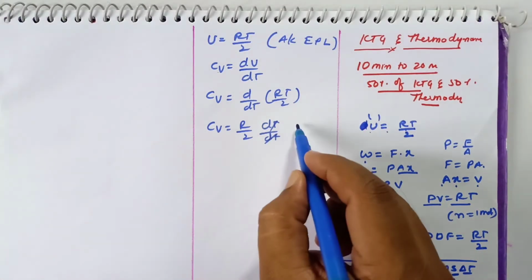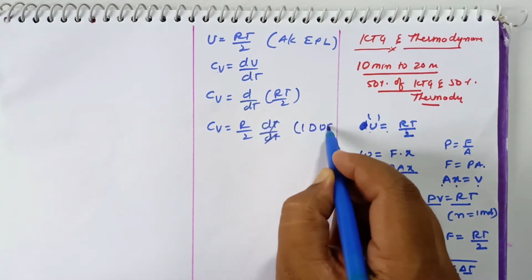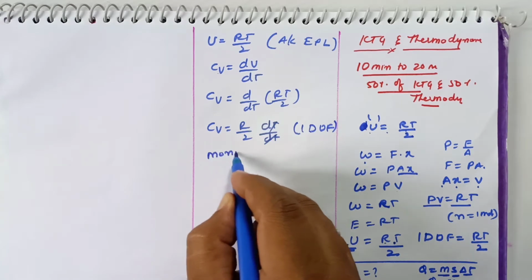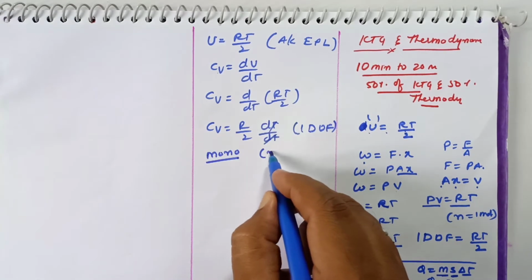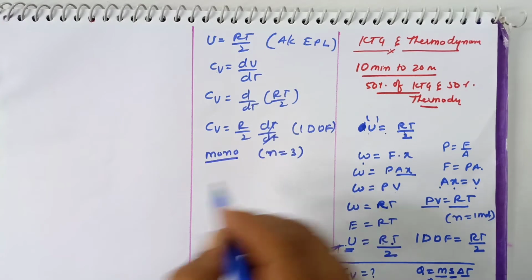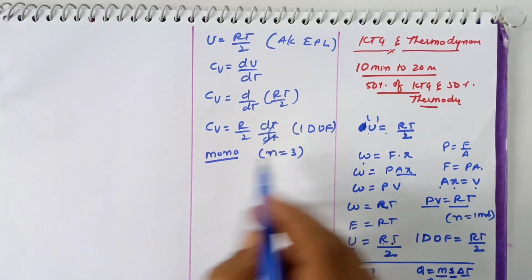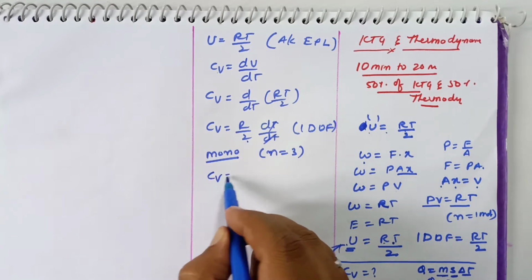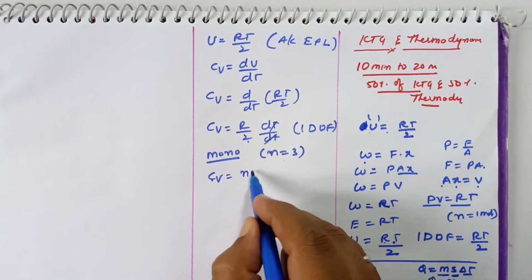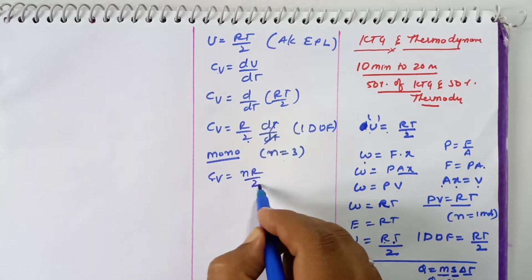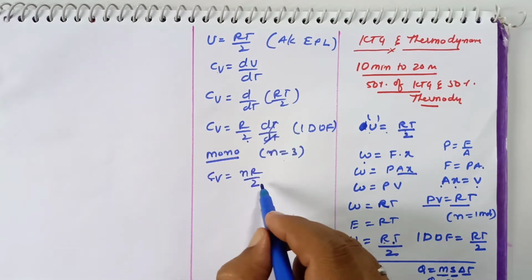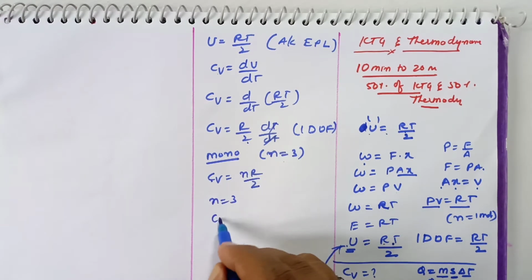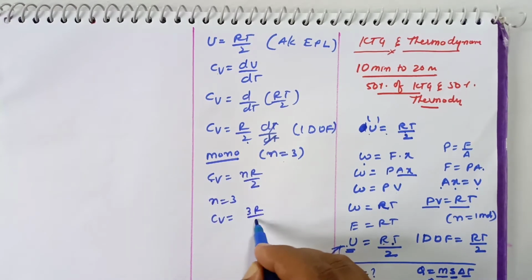See, this is for 1 degree of freedom. If it is a monoatomic molecule, you know degrees of freedom is equal to 3 here. Therefore, instead of writing R by 2, you can take Cv is equal to nR by 2 here. Therefore, as n equal to 3, Cv is considered as 3R by 2.